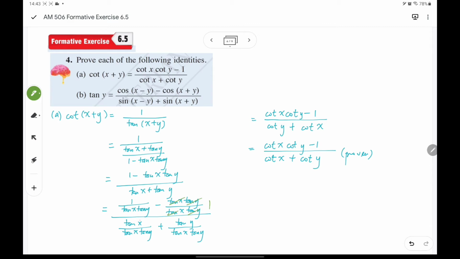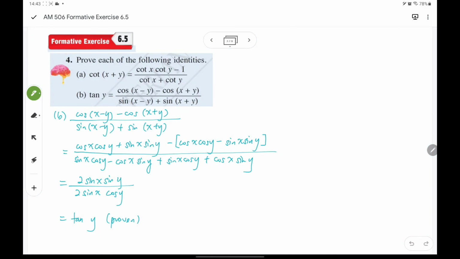Then below, tangent x is the common factor. After cutting off, we are left with 1 over tangent y, which is cotangent y. Then plus tangent y, which can cut off, and we are left with 1 over tangent x, which is cotangent x. There we get our right hand side, cotangent x cotangent y minus 1 over cotangent x plus cotangent y. Proven.